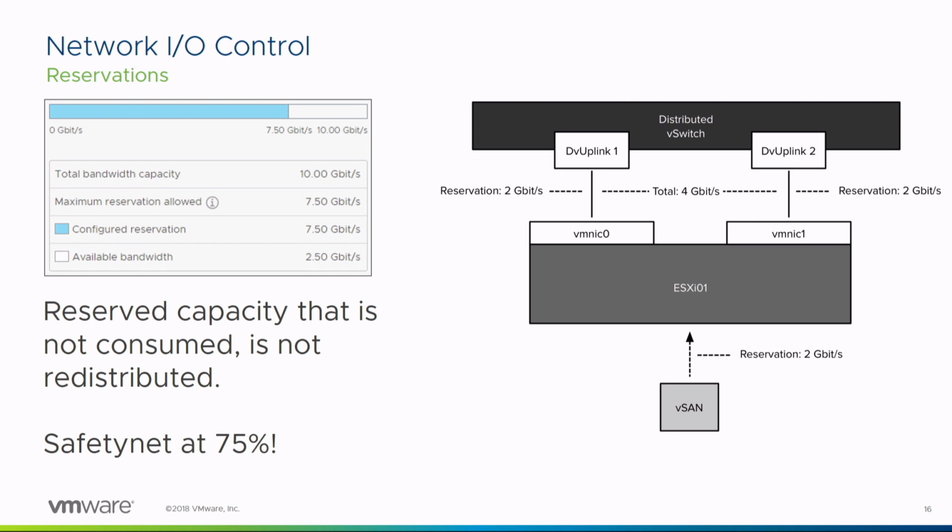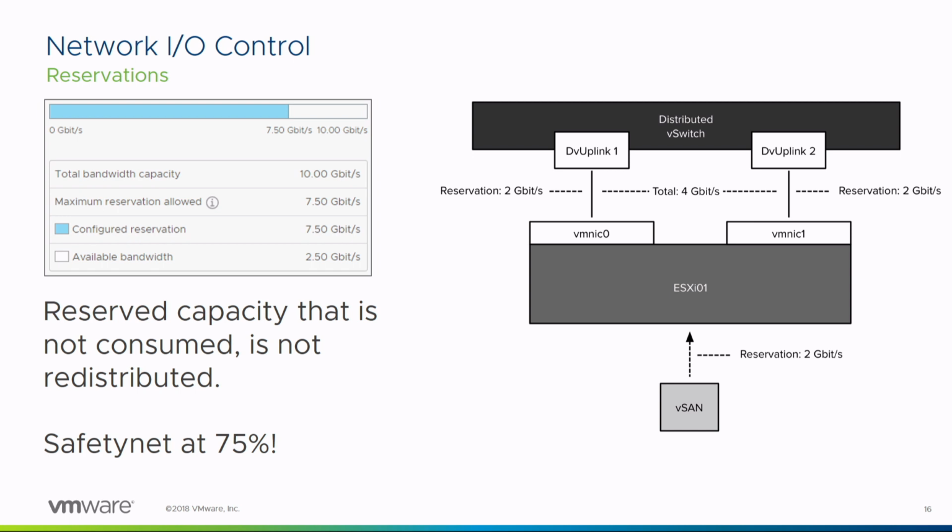It's enforced per uplink. So if we have, for instance, vSAN traffic, and we want to have a 2 gig reservation for that, it can obviously burst beyond the reservation, right? It's not a limit. But we want to make sure that we have 2 gigs available per ESXi host for vSAN. It will be enforced per uplink, making it a total, in this case, of 4 gigs.